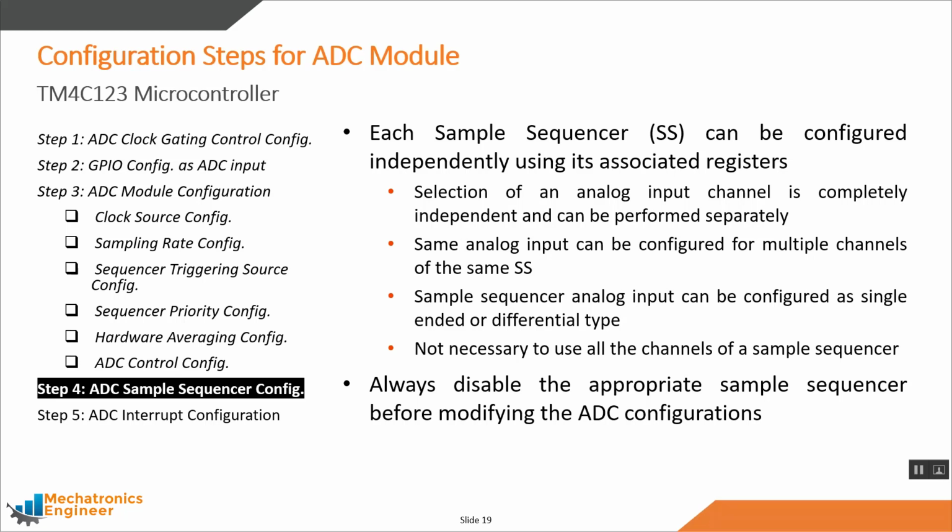When a sequencer is triggered, sampling is started at the programmed sampling rate and continues until end of sequence has been reached for that sequencer. It is important to note that before modifying the ADC configuration parameters, it is good practice to disable the appropriate sample sequencer. Let's discuss some of the configuration steps for configuring the ADC sample sequencer.